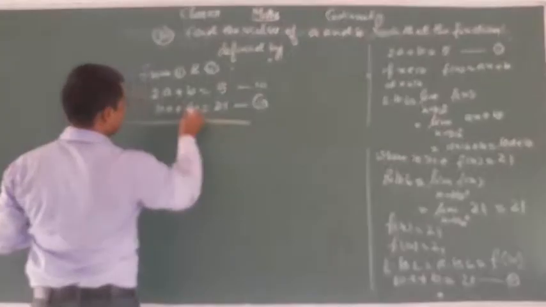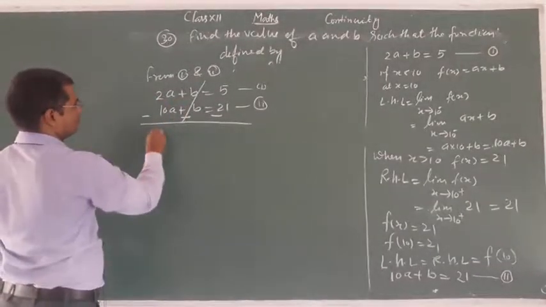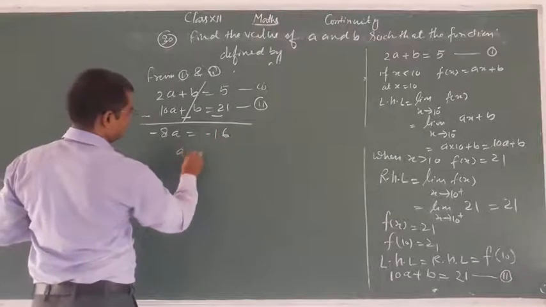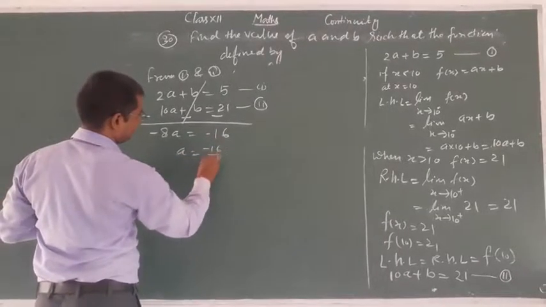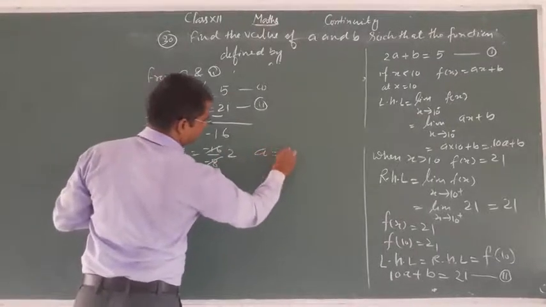Now you can solve by the elimination method: subtract these, b cancels out. So minus 8a is equal to minus 16. So a is equal to minus 16 upon minus 8, which is 2. So a is equal to 2.